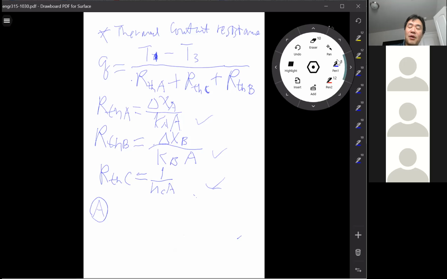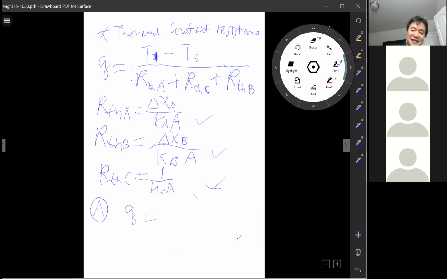So then what? Then we should know T1, T3, right? So we should be able to find out the Q, right? Then what? How do we find out T2A and T2B? Now we have the Q. We can go from T1 to T2A just by doing Q equals KA delta T over delta x for the first plate, and then the same thing for the second plate.